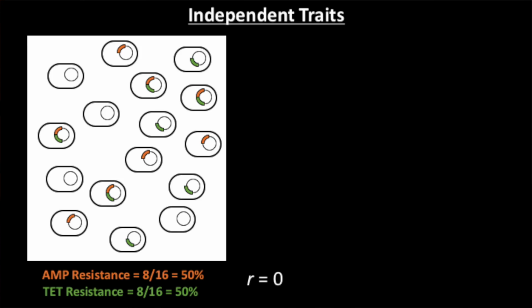In this slide, you can see a representation of a population where the gene for ampicillin resistance is orange and the gene for tetracycline resistance is green. In this population, the genes are not correlated with each other, meaning they're not appearing together any more likely than you would see by random chance.